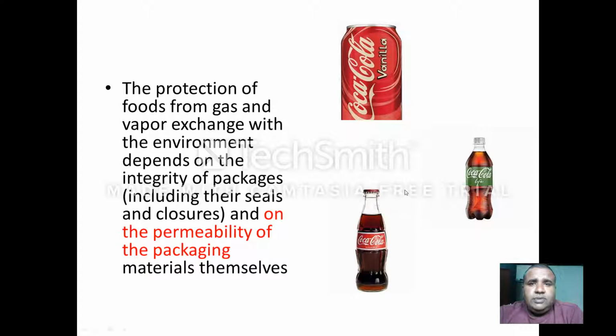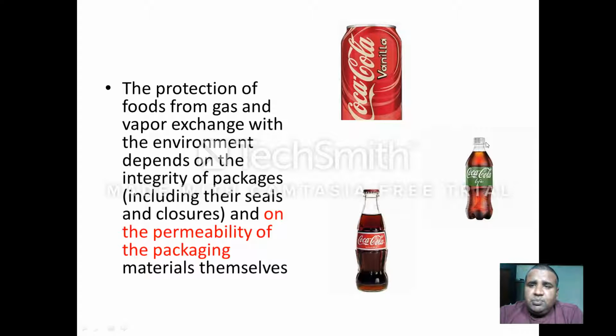So the protection of the material inside any food product depends on two things. The protection of the food from gas and vapor exchange with the environment depends on the integrity of the packages. Integrity of the packaging means the closures and the seals. If it is glass or metal, then there is no problem of exchange of gases.